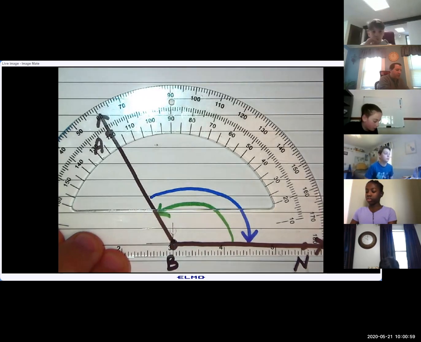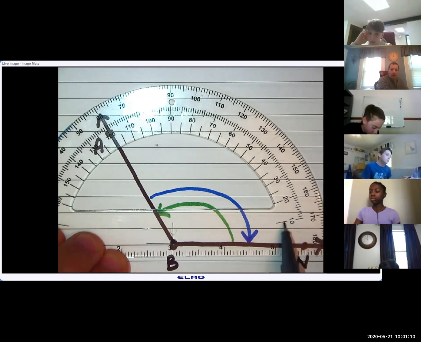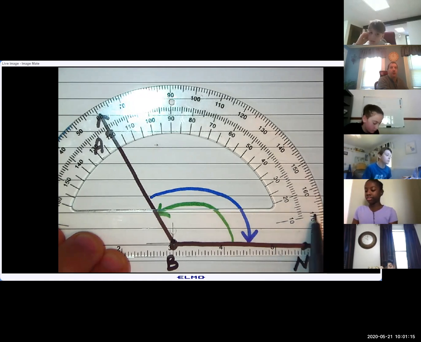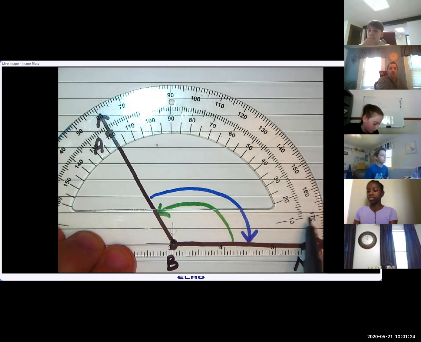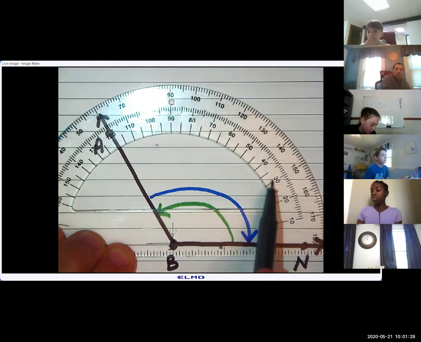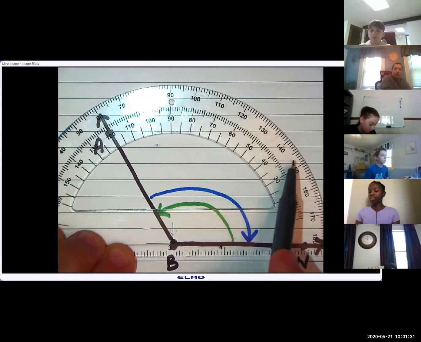So if I'm starting here, and if this ray is 0 degrees of rotation, because that's where I'm starting, where's my 0? On the bottom row of numbers or on the top row of numbers? Riley. The bottom row numbers. Right. So I'm only looking, see how this bottom row of numbers goes like this? Ignore those top numbers.